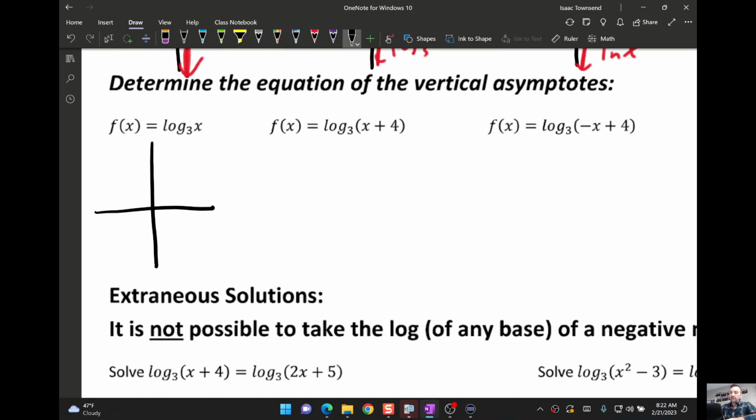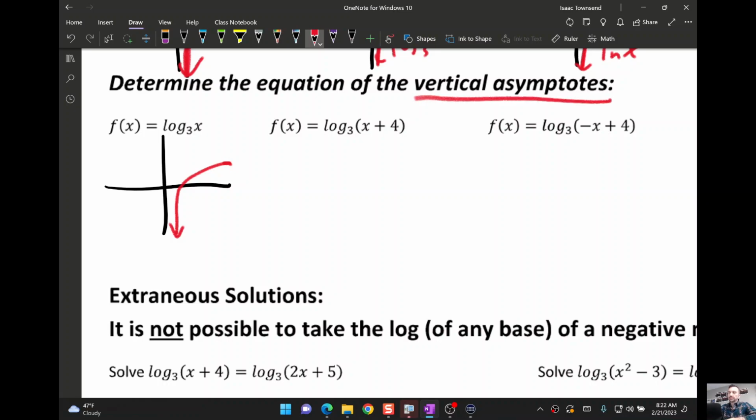But if we have a general idea of what log base 3 to the x looks like, its vertical asymptote is right here. The vertical line, which makes it x equals, that the graph can approach but not cross.